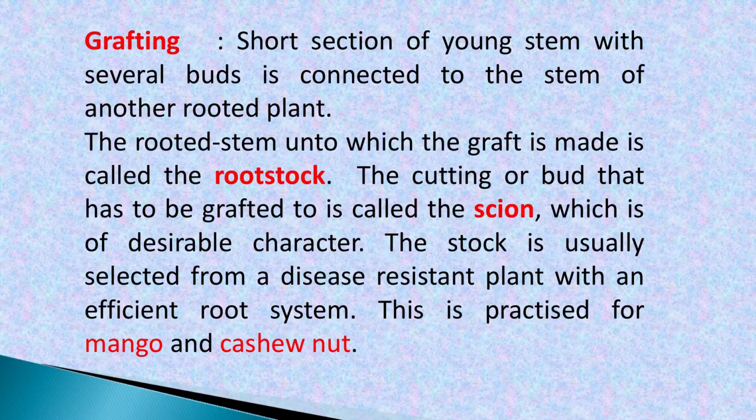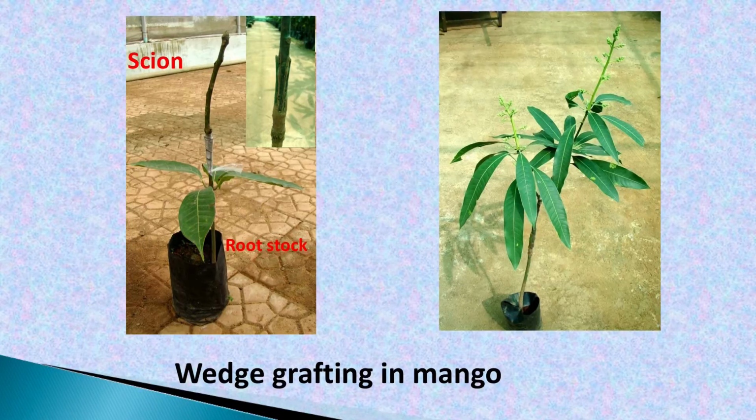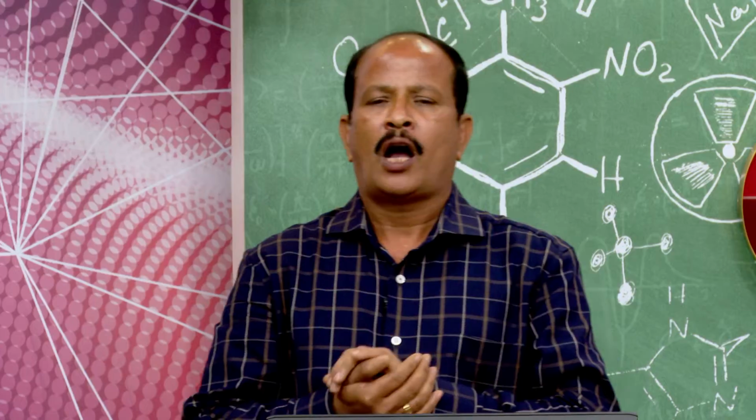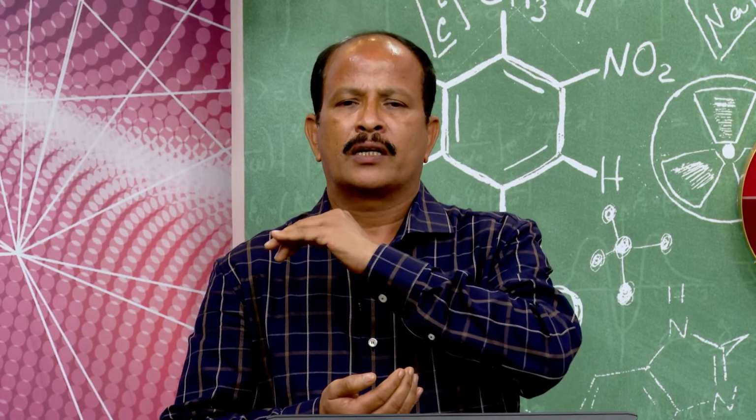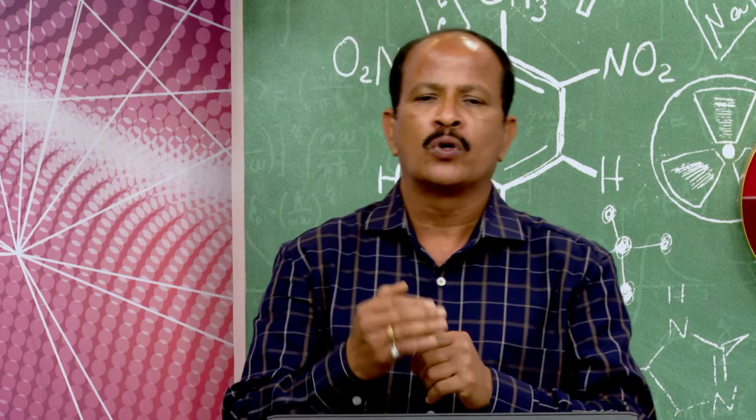Now, we can see that grafting is practiced in two well known plants, one is mango, the other is cashew nut. Almost in all places people go for grafting in these two plants. So, let us look at how people do grafting in the gardens.